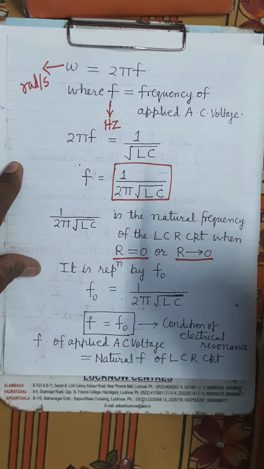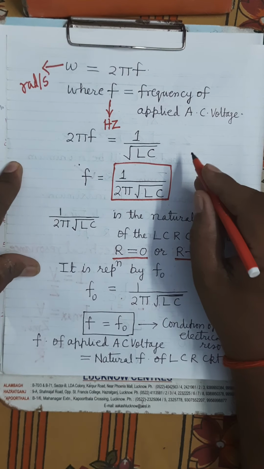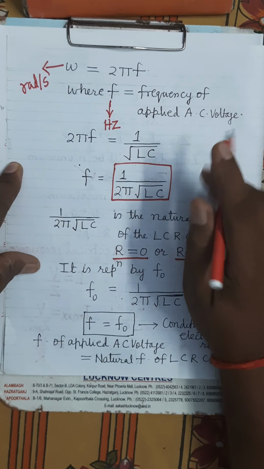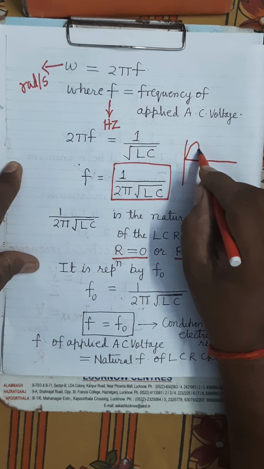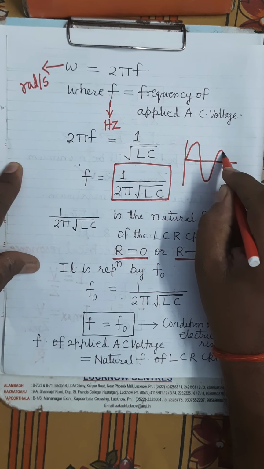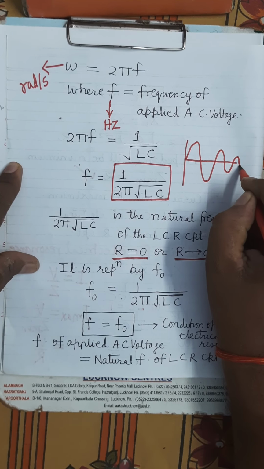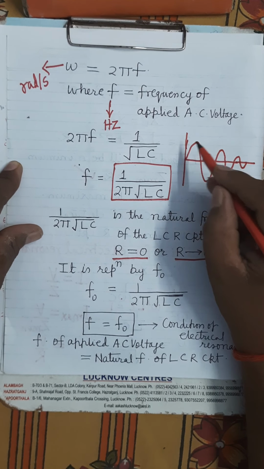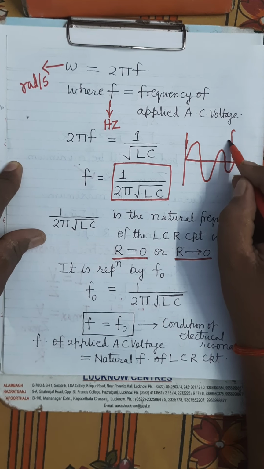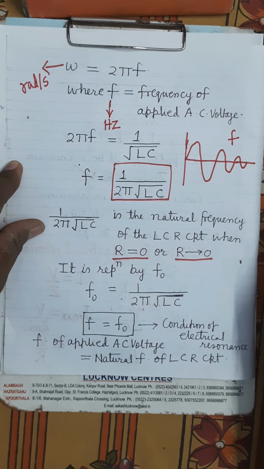As you have seen in the case of damped vibrations. What happens in damped vibrations? In damped vibrations, amplitude gradually decreases because of the air resistance. And in that case, frequency will not be equal to the natural frequency.